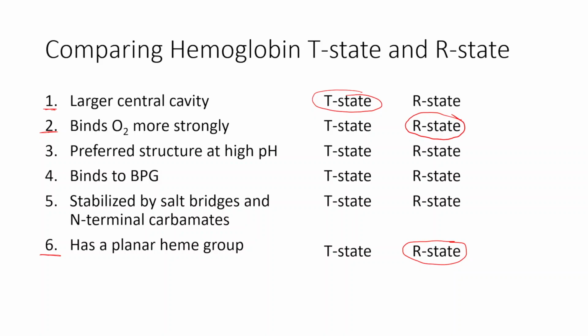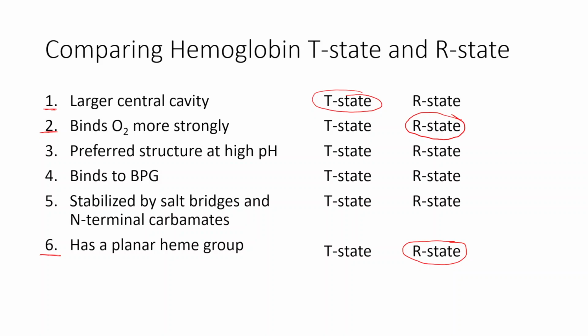No, sorry, that is not where the iron goes. That's in the actual heme group, which is more central within each subunit. This is the central cavity of hemoglobin, between all of the subunits.